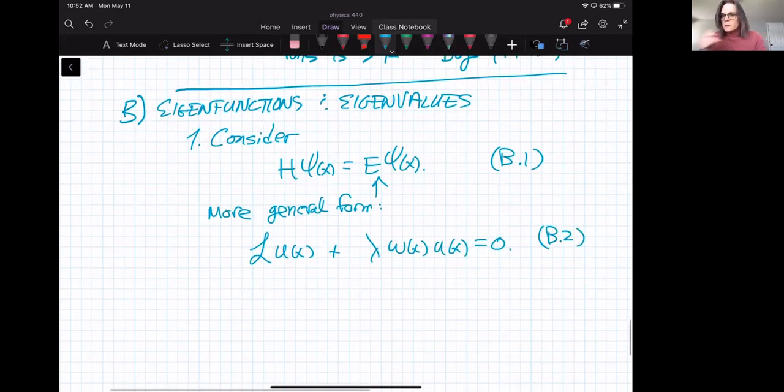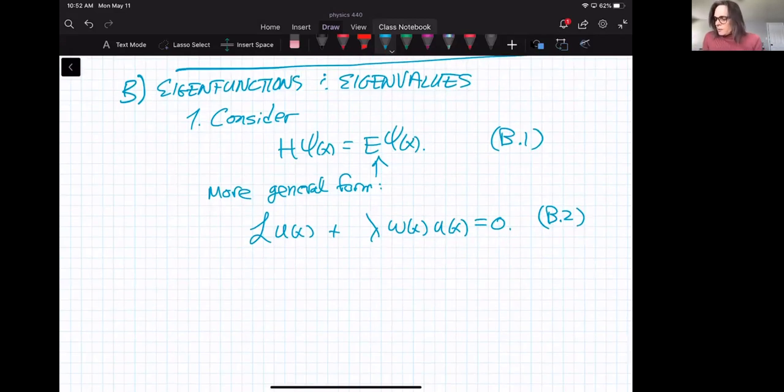Okay, so everything is important here. L is our operator. What's W? We can also write this as L operating on u plus lambda W u.